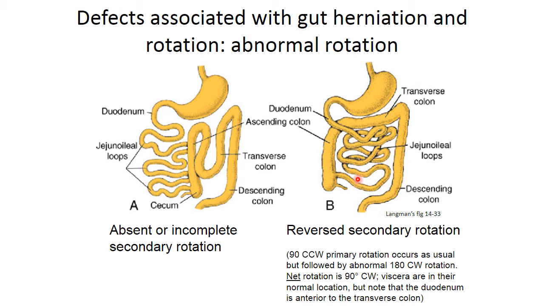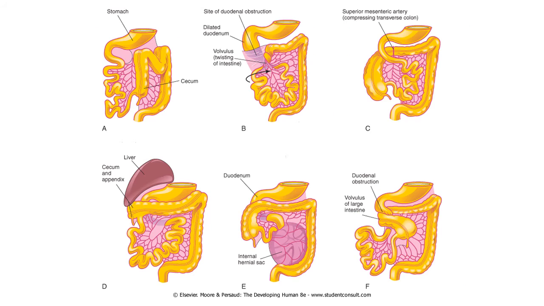As I have shown you, the transverse colon is normally present anterior to the duodenum. When there is reverse rotation, the duodenum and small intestine lie in front of the large intestine, and the transverse colon is present posteriorly.